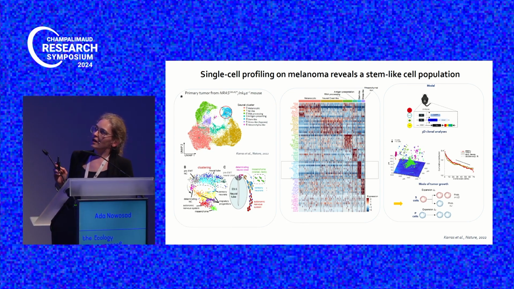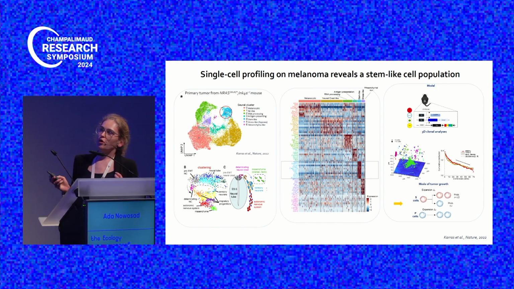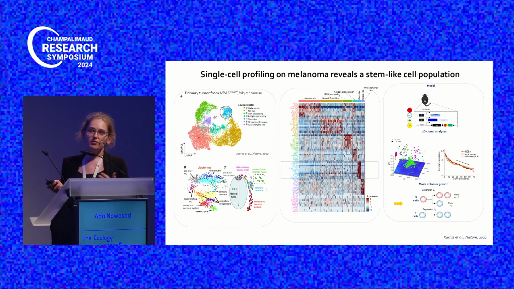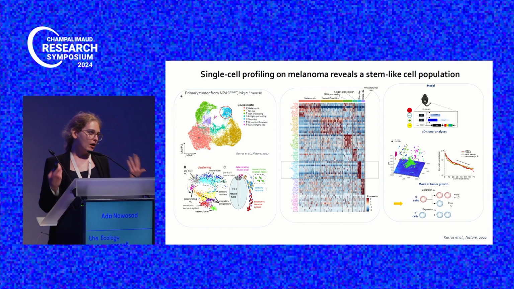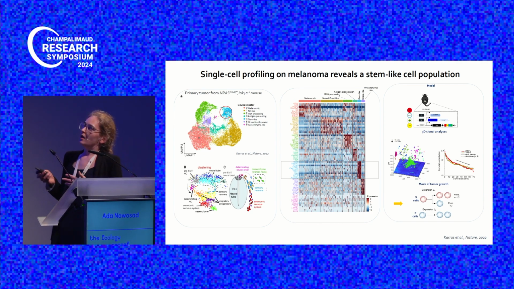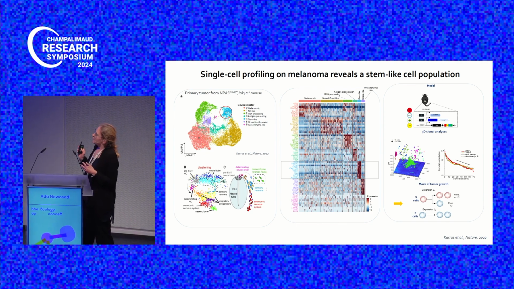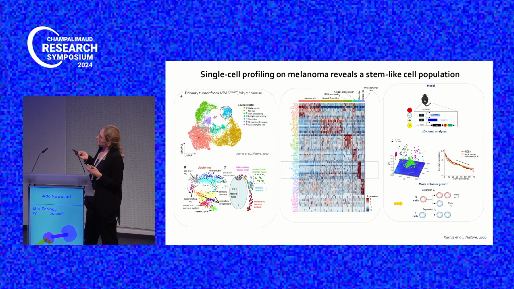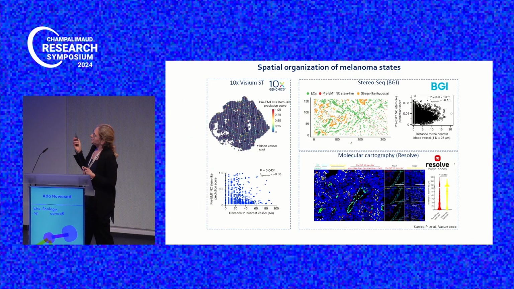And we also engaged in a collaboration with Ben Simons from Cambridge University to establish a mathematical model of how melanoma grows. And this model predicted that indeed melanomas are hierarchically organized, and this cluster number 4 population is predicted to sit on top of this hierarchy.